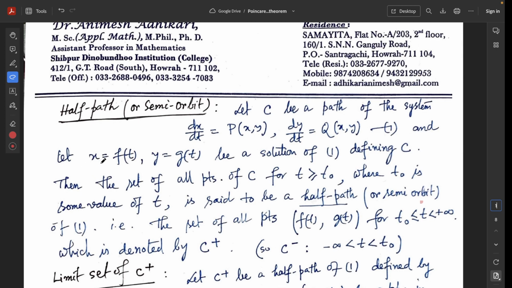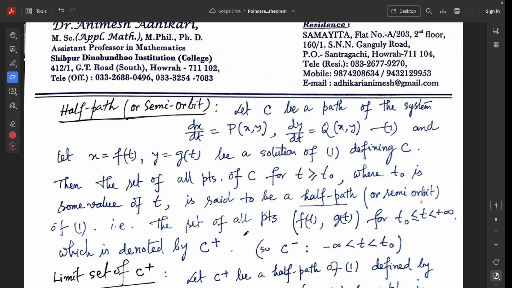And let x equal to f(t), y equal to g(t) be a solution of the system 1, defining the curve of trajectory C. Then the set of all points of the trajectory C for time t greater than or equal to t0, where t0 is some value of t, is said to be a half path or semi-orbit of the system 1.